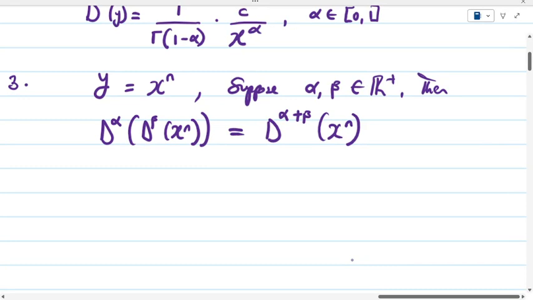Okay, so that means that we can actually split our order of derivative. You can find a proof for this one, and it's very easy to prove.